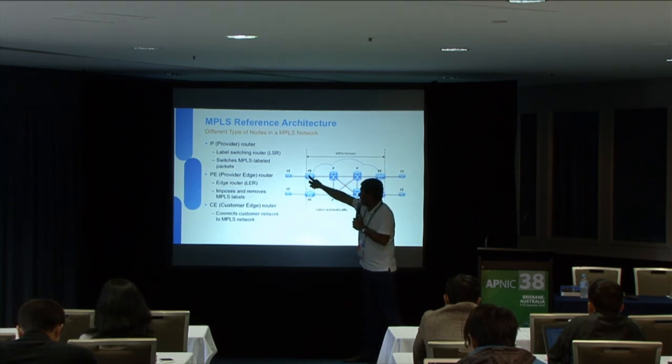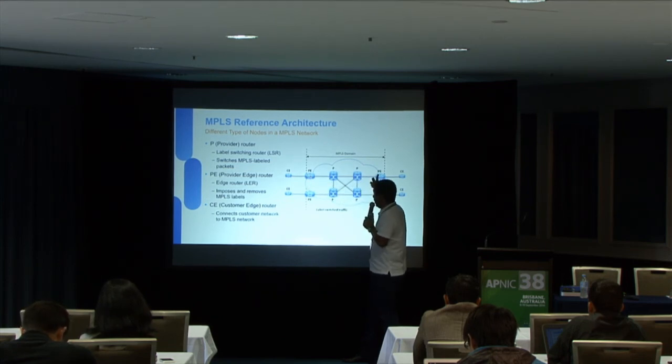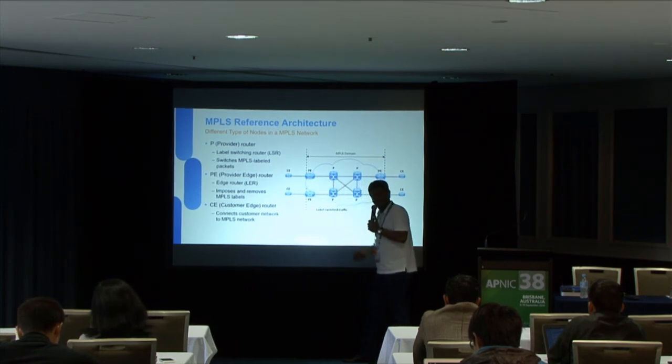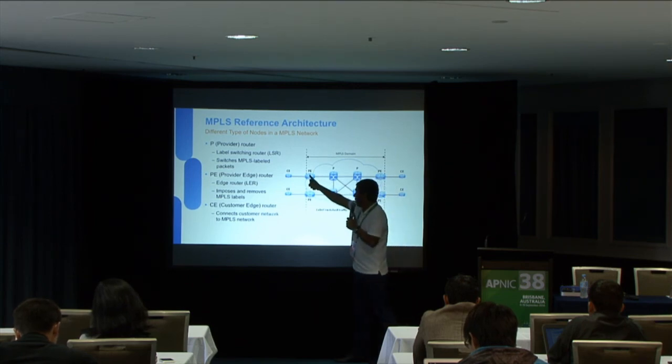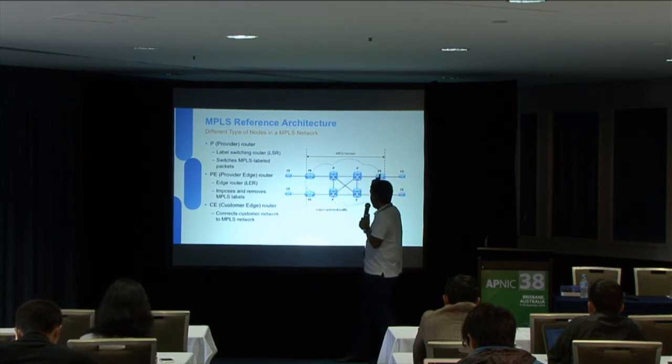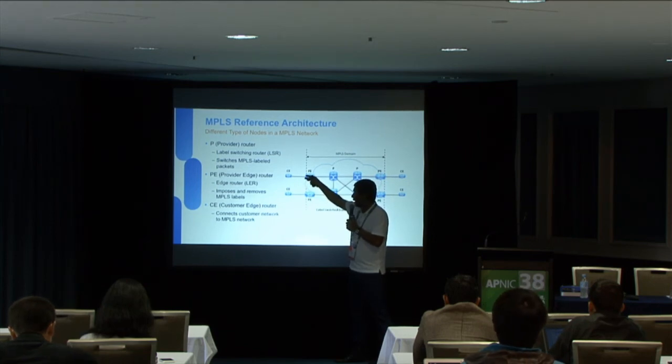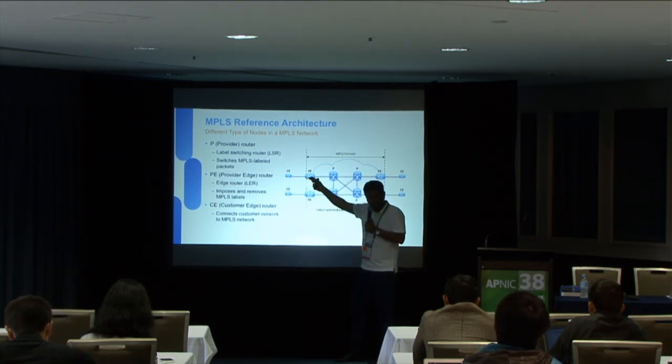So from this router to that router, if we need to reach, that IGP path has got a label switch path already built. That's what we call LSP. So from PE router to those PE routers, when the packets are going, what this router is doing is just checking what is my incoming packet.